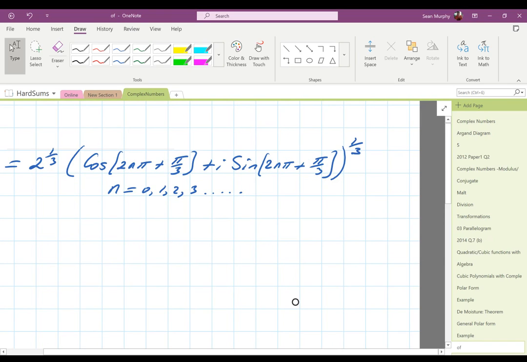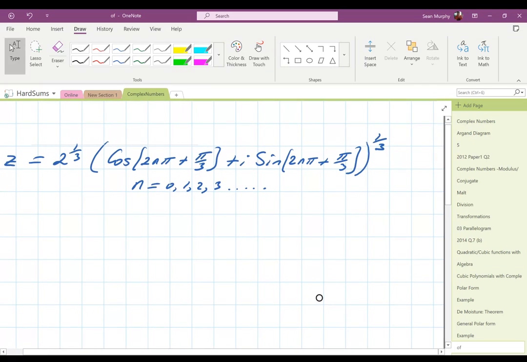Now, the next step is to get rid of the power using De Moivre's Theorem, so we'll do that.